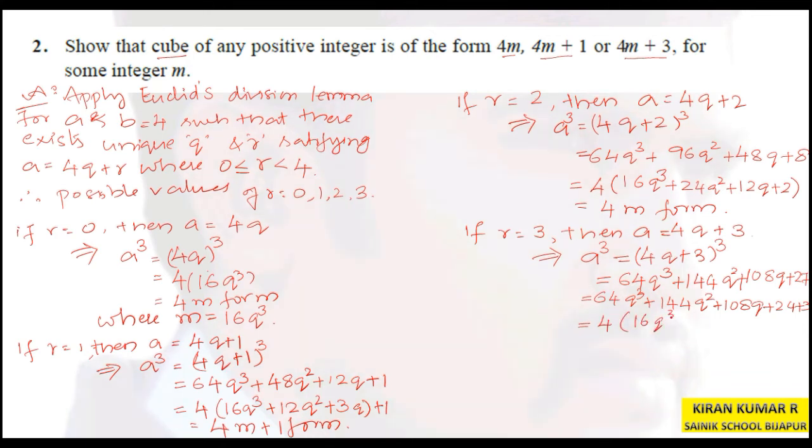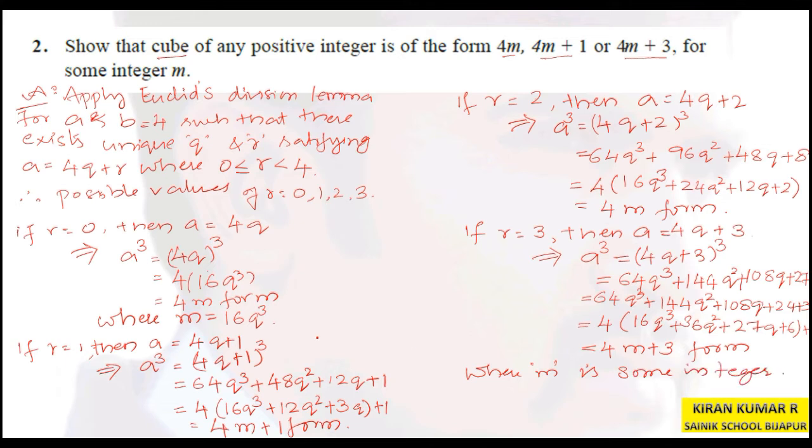I'll be getting 16q cube plus 36q square plus 27q plus 6, then added to 3. So it is like 4m plus 3 form, where m value is 16q cube plus 36q square plus 27q plus 6, where m is some integer.